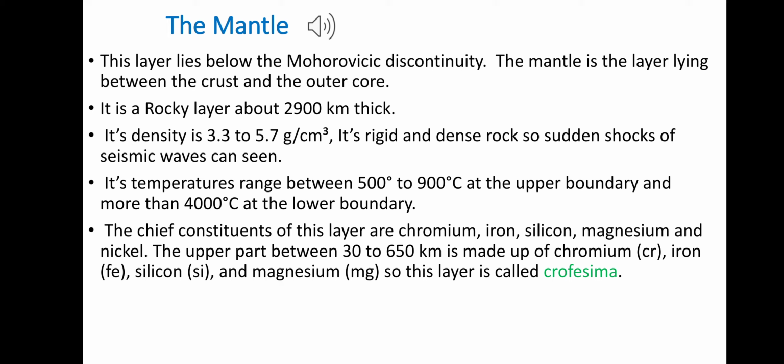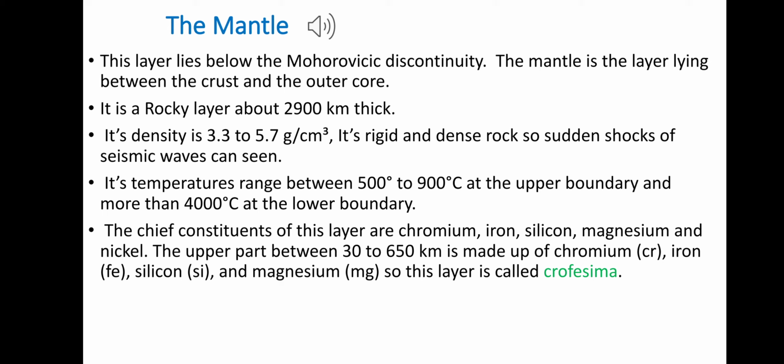The upper part between 30 to 650 km is made up of chromium, iron, silicon and magnesium. That's why this layer is called crofesima: chromium Cr, iron Fe, silicon Si, magnesium Mg.